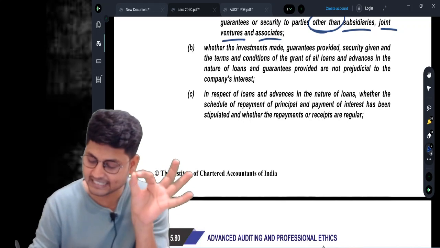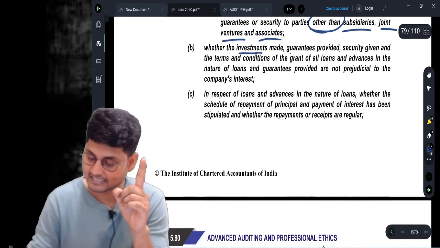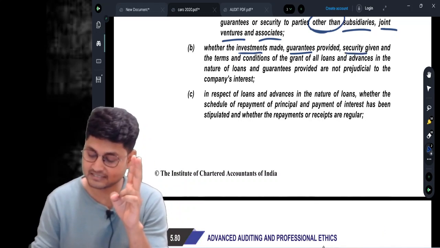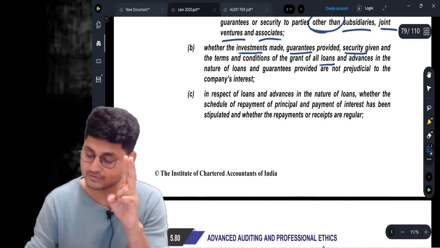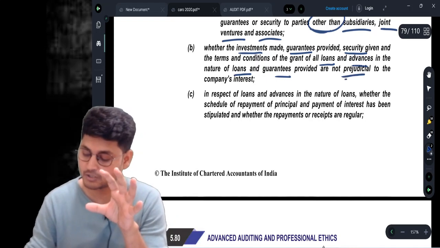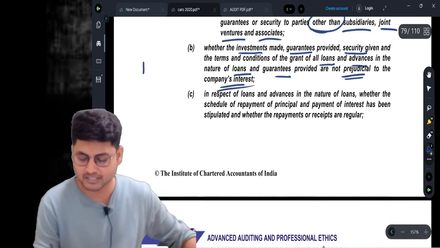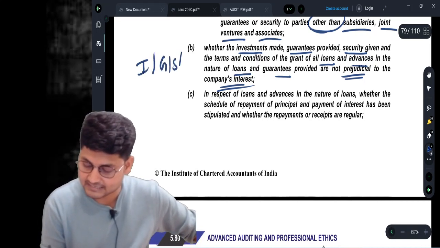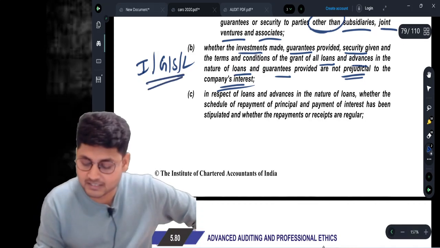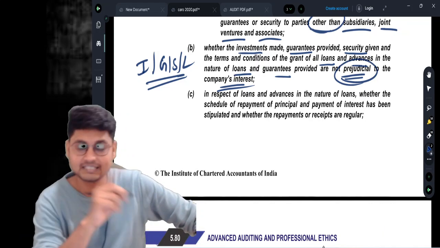Again, this time they are talking about investments, guarantees, securities, and the terms and conditions of grant of all loans and advances in the nature of loans and guarantees provided are not prejudicial to the company's interest. They are talking about investment, guarantee, security, and loans. Whether the terms and conditions are prejudicial to the company's interest or not, that is what we need to write.